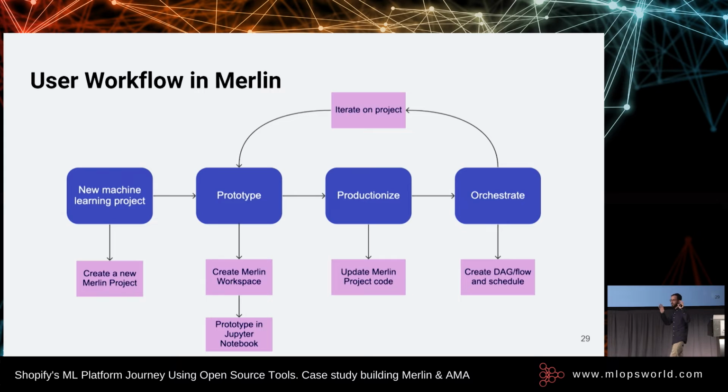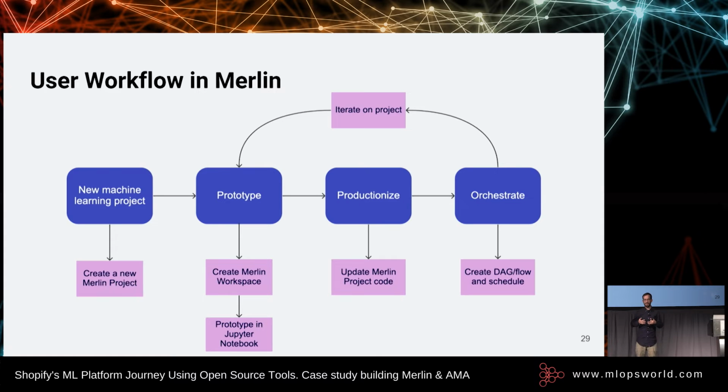If we look at the user workflow end-to-end, the user starts with a brand new machine learning use case where they create a new Merlin project in that monorepo that we talked about. Then they go into the prototype phase where they create a Merlin workspace and start to prototype their use case from a Jupyter notebook.